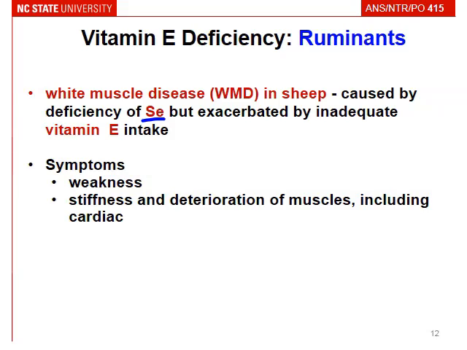It's usually due to a deficiency in selenium, and depending on where you live in the country and the soil selenium, you can have low levels of selenium, and it's exacerbated by inadequate vitamin E intake. The muscles are very weak, very stiff, and we have deterioration of the muscles, including the cardiac muscles, so heart failure starts to occur in these animals.